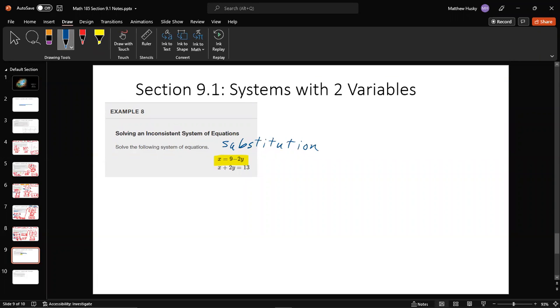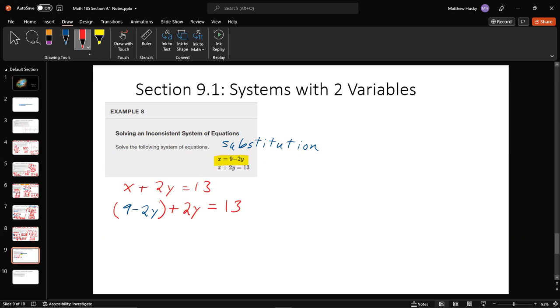So I'm going to replace the x in the bottom equation. I've got x plus 2y equals 13, and I'm going to replace the x with 9 minus 2y. And then we will add 2y, and that should equal 13.